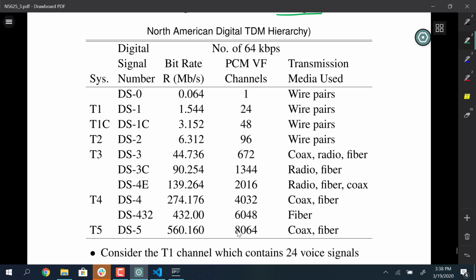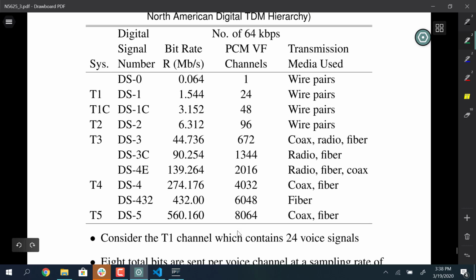A T5 is 560 megabits per second. And some of you have probably heard these terms before because maybe you work at a company that still uses a feed like this, and this is how much bandwidth they're buying, and sometimes it's listed in terms of the system number, T3 or something like that.